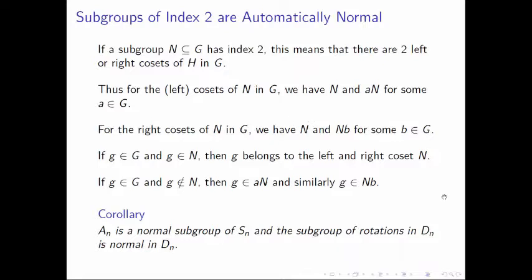As a corollary of this, you can deduce that some of our favorite subgroups that we've been studying are in fact normal subgroups of the larger groups to which they belong. So for example, A_n, the group of even permutations, is a normal subgroup of S_n, and the subgroup of rotations in D_n is normal in D_n. If you think back to our very first example that we did, working inside of S3, this is actually the example we did.